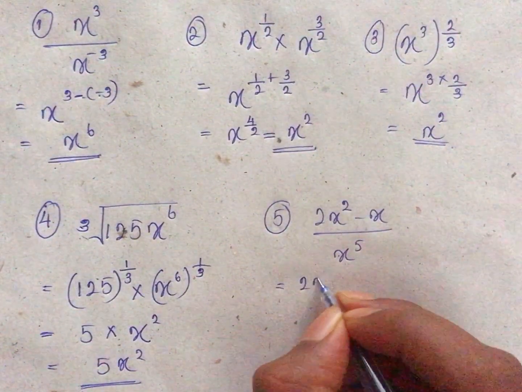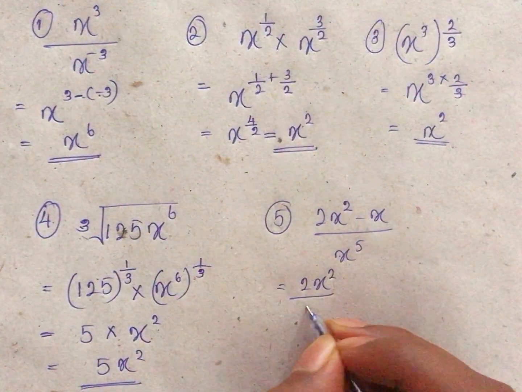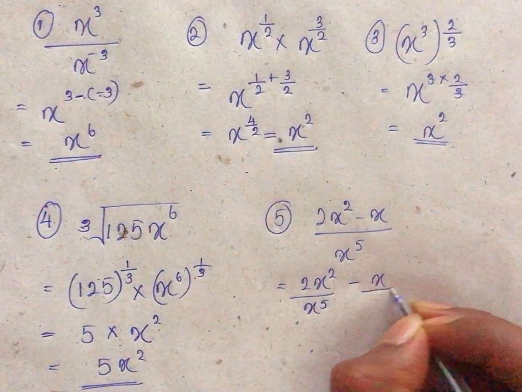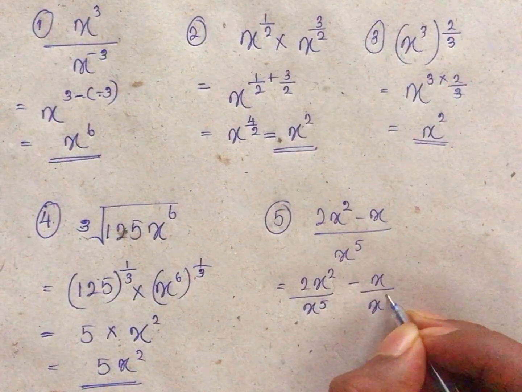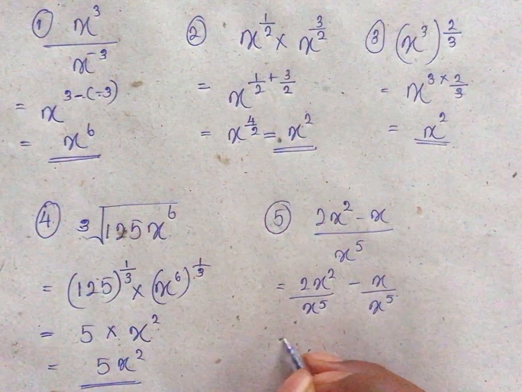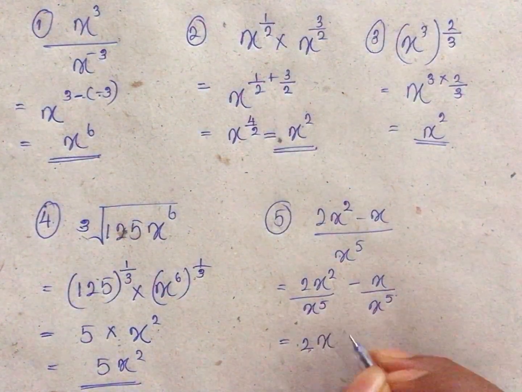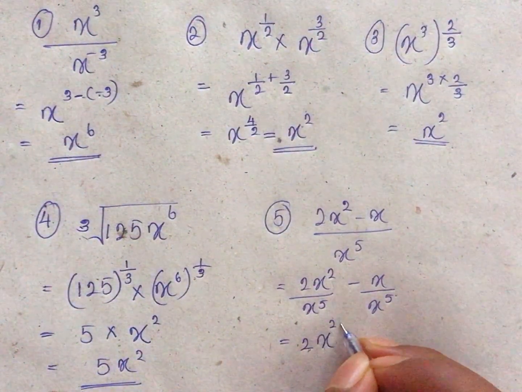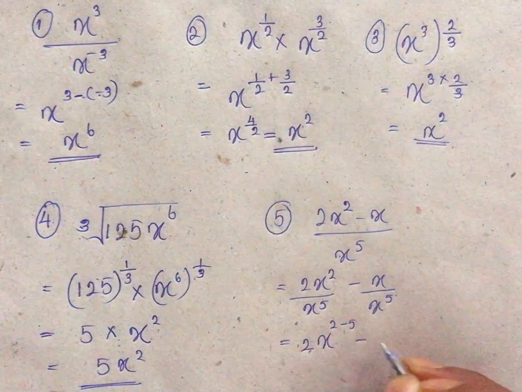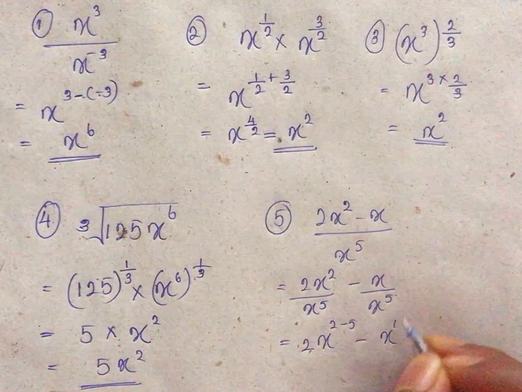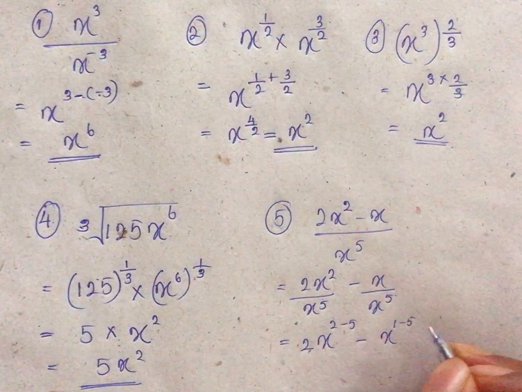Final case, we can write it as 2x squared divided by x^5 minus x divided by x^5. Then you need to subtract these powers because it is division of indices. 2x to the power 2 minus 5 minus x to the power 1 minus 5.